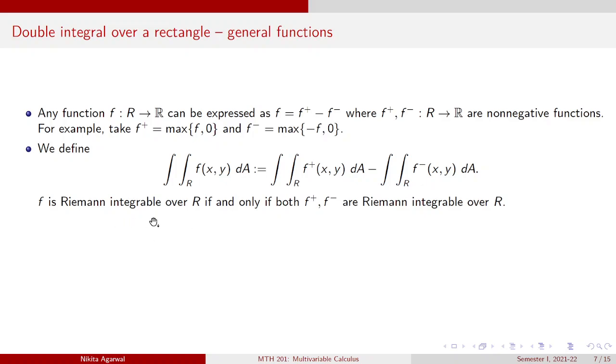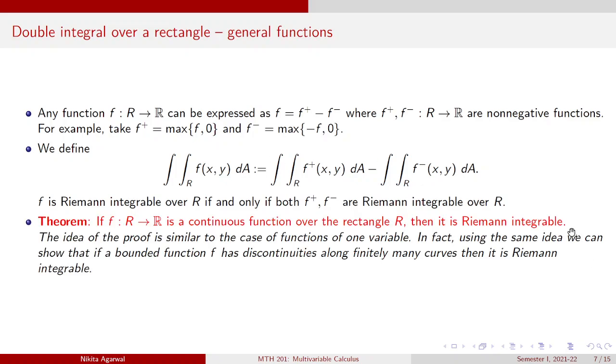So f is Riemann integrable over R if and only if both f plus and f minus are Riemann integrable over R. This is important. Even when one of them is not Riemann integrable, you can't say that f is Riemann integrable. Your definition is that only if both are Riemann integrable is f Riemann integrable.